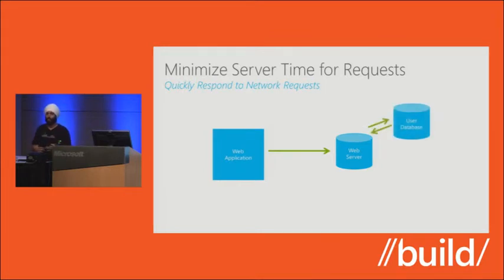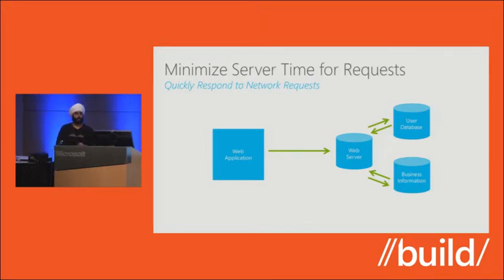The server might be talking to a user database and saying, who is this guy, or where is this person coming from, or maybe even logging analytics on that person. In many cases, it may be talking to another database, calculating data, especially for line of business applications. So all of this time on the server blocks the browser from moving forward. You want to minimize your time there. You want to make sure that you get the content back down to the user as quickly as possible.